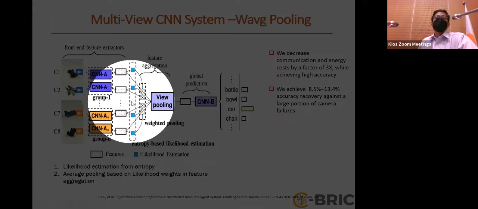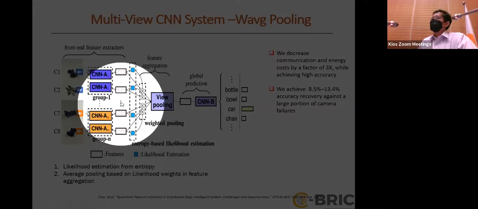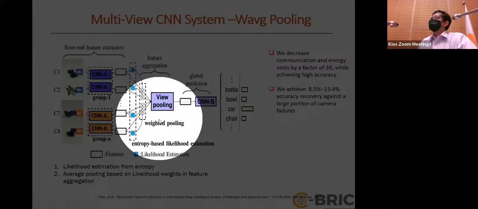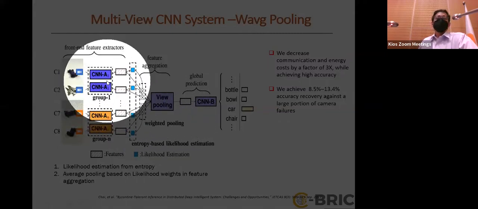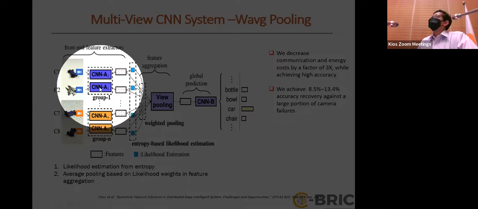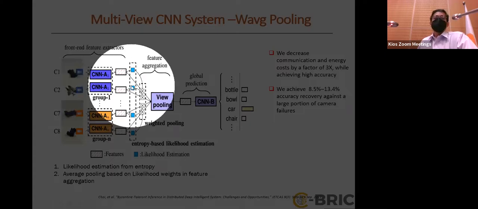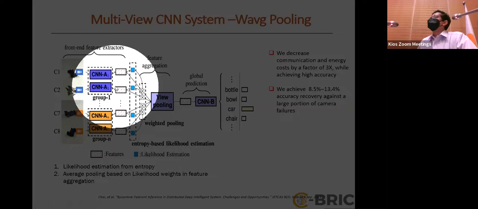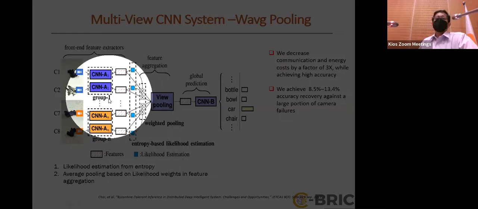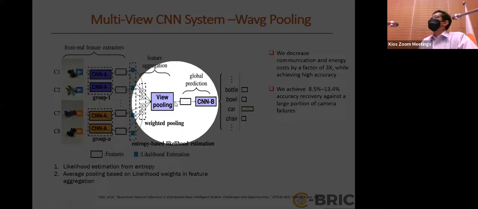The part that we are focusing on reducing is each one of these cameras having to transmit its data to a central server, right? At the cost of a small compute to do the likelihood estimation, we avoid transmitting data from those cameras that don't contribute significantly to accuracy.